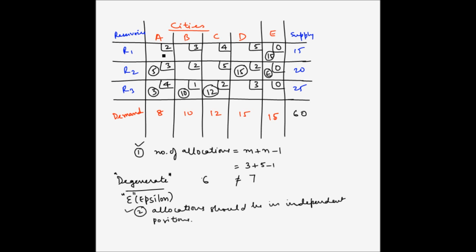So in this case, we'll use the stepping stone method to perform the optimality test. And in the stepping stone method, basically the fundamental is that for each and every water square, we'll create a closed path and we'll find out the net cost change for the water square, which eventually will give us an analysis whether that water square is capable of giving us any reduction in total cost or not.